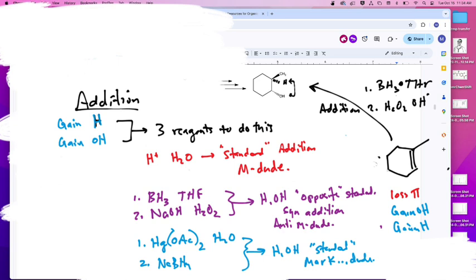The products that come out of them. There may be a complication of one versus the other that limits or prevents certain secondary systems from happening. What's that big deal? When we add the H plus and H2O, we go through a carbocation. And what do we know about carbocations? They're not stable. True, they aren't stable.